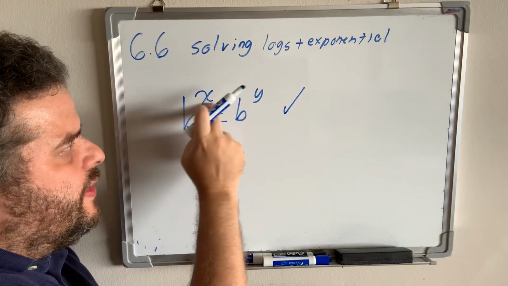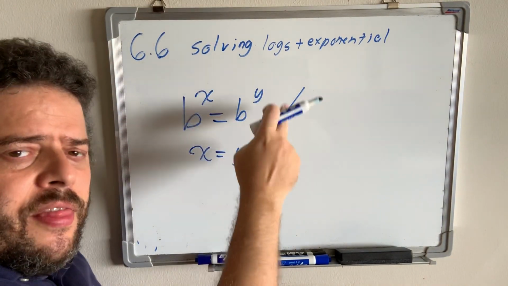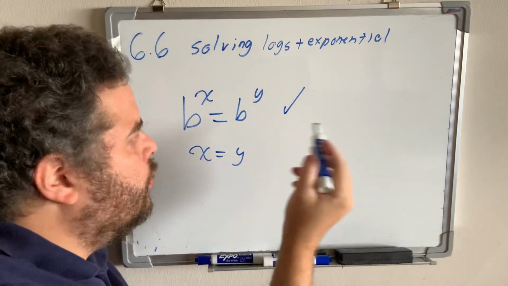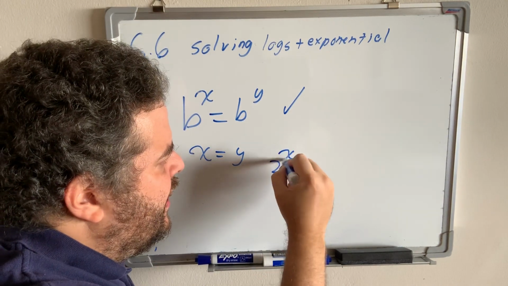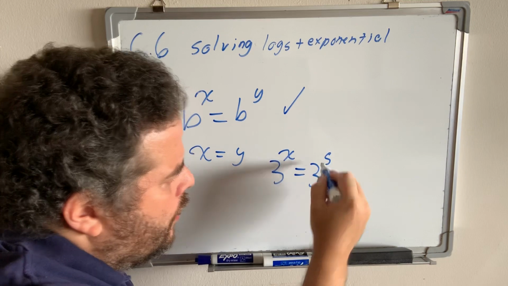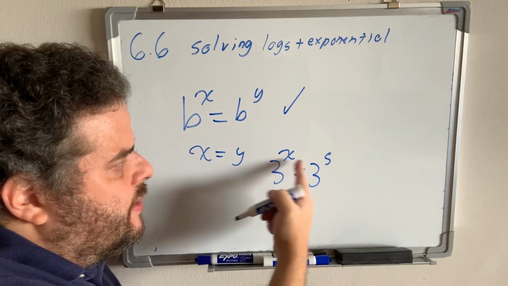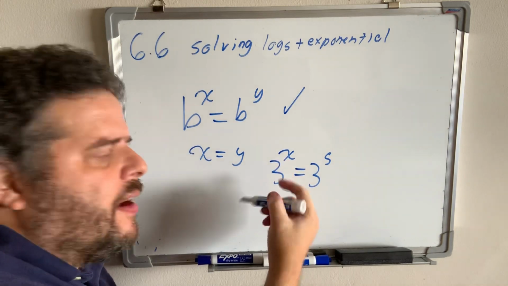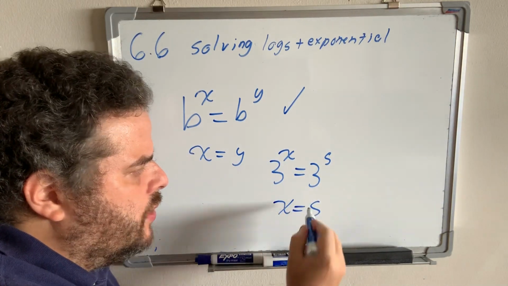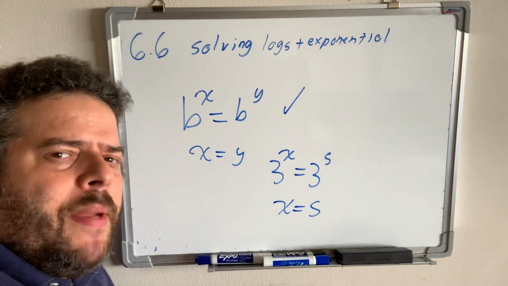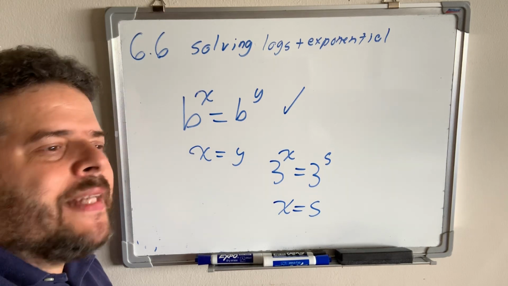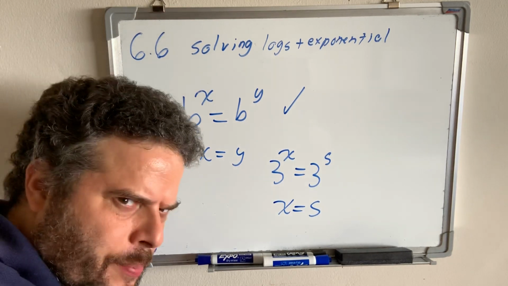If these two are the same, then this equation will be true. For example, as stated in the book, for these two to be equal, what must my x be? My x has to be 5. So x is equal to 5. Even though it might not make much sense now, that's how we solve our logarithmic and exponential equations.